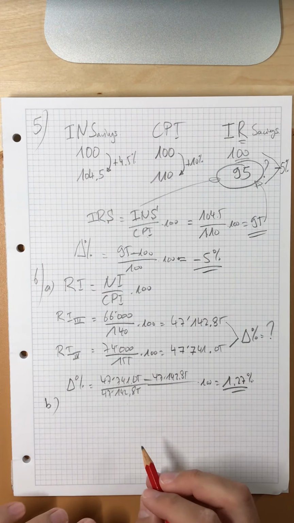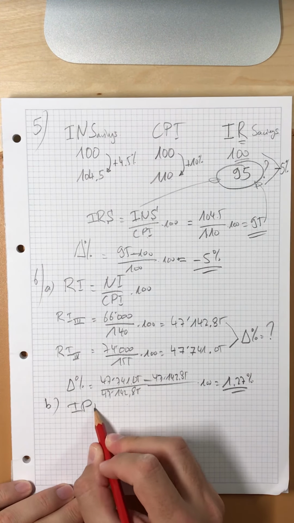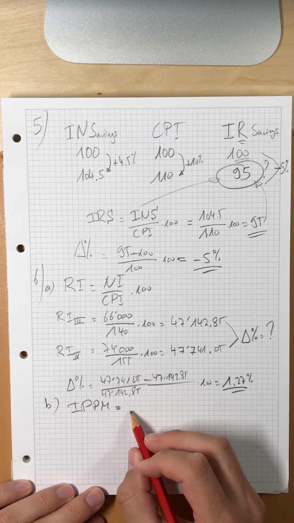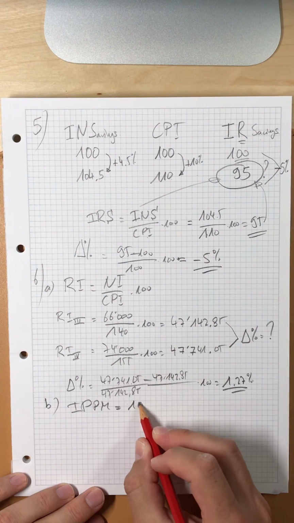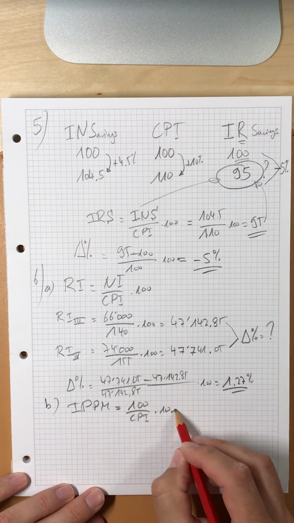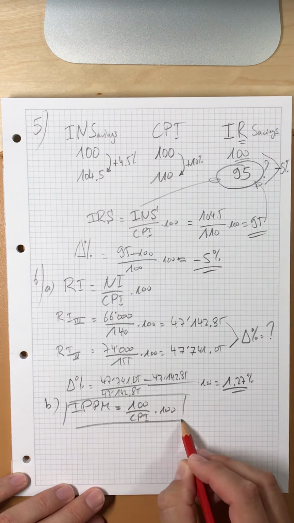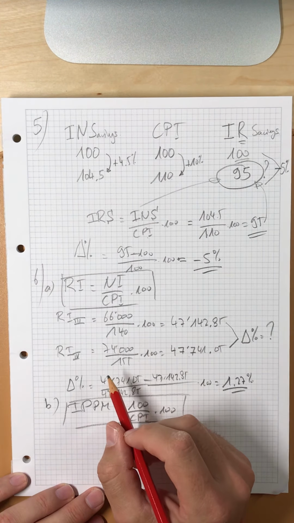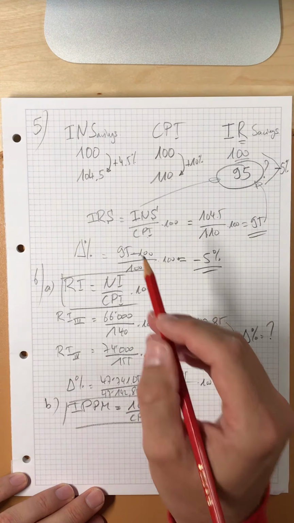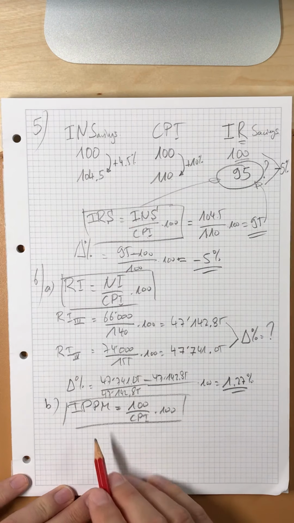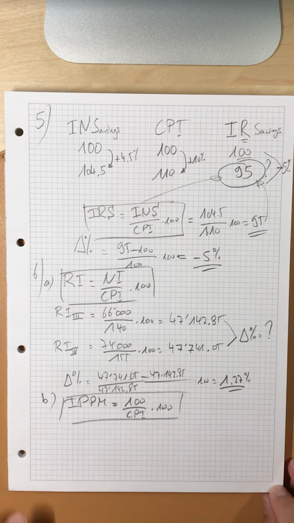So you will use the formula: IPPM, index of purchasing power of money, is equal to 100 over CPI times 100. Remember this formula. So use this one for the purchasing power of money.